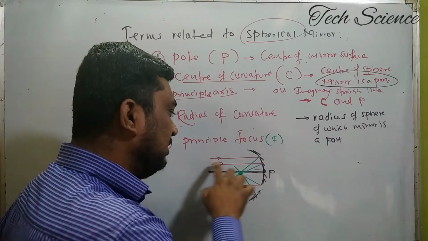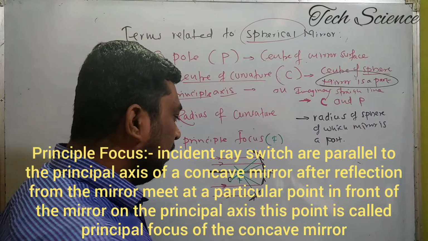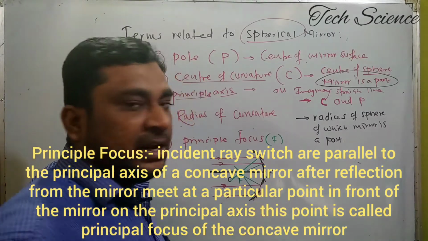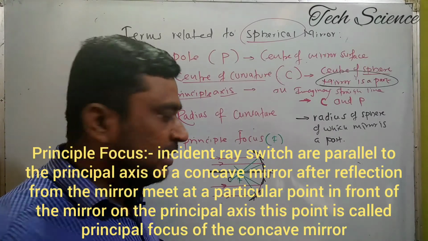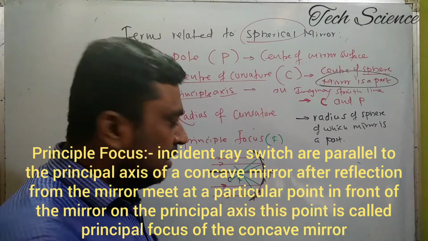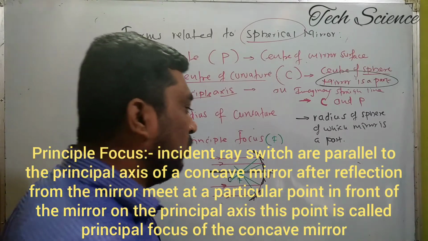So in the case of a concave mirror, the incident rays which are parallel to the principal axis are reflected back and meet at a point. Where do they meet? There are two mandatory conditions.